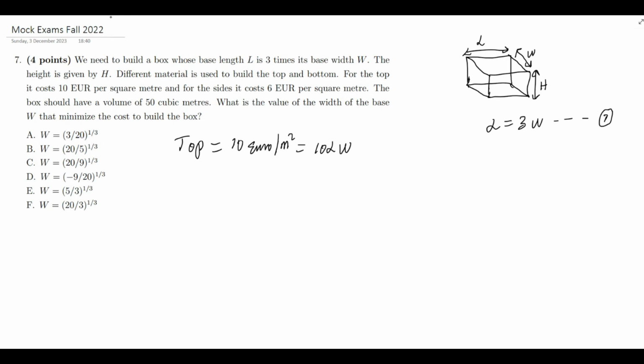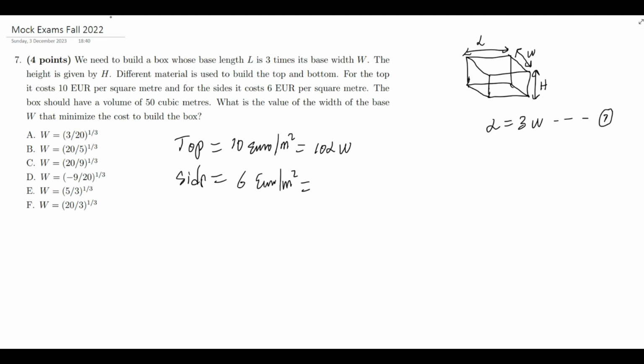Now for the sides it costs 6 euros per square meter. So for the side, what do we notice? The side is described by the width and the height, right? This is an example of a side, so 6 euros per square meters.